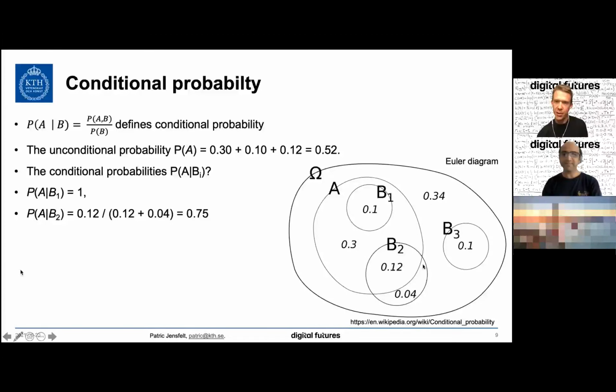So we know that B2 has happened, and in this part of B2, A is also true. So we would look at the ratio between this region and the full size of B2. And the same way for B3. In B3, if we know that B3 has happened, then there is no overlap between A and B3 here. So the conditional probability of A given B3 would have to be 0.